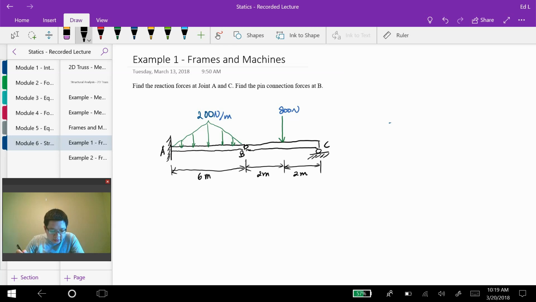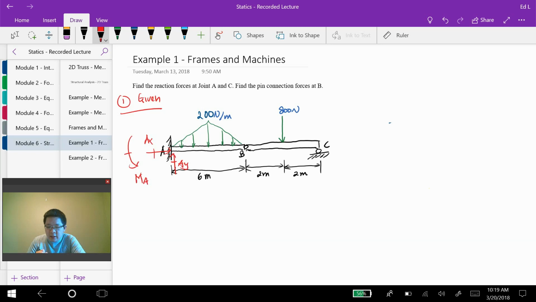So this structure is similar to the one that we discussed in the previous lectures when we discussed the concepts related to frames and machines. In solving these problems, it's always a good start to sketch the free body diagrams, right? Joint A is a fixed support, so we have AX, AY, and MA.